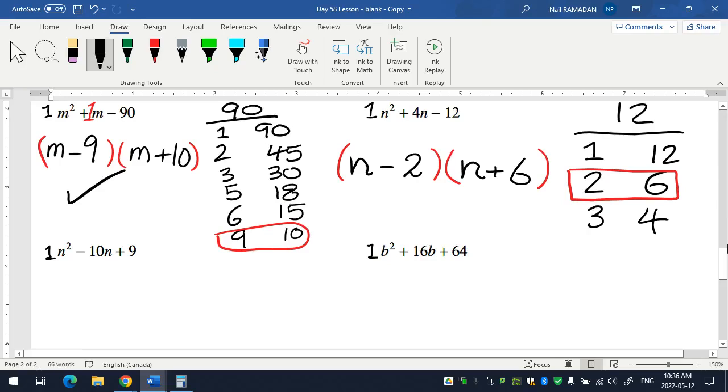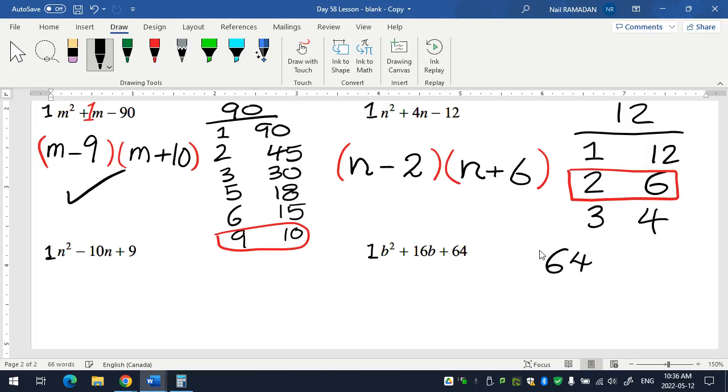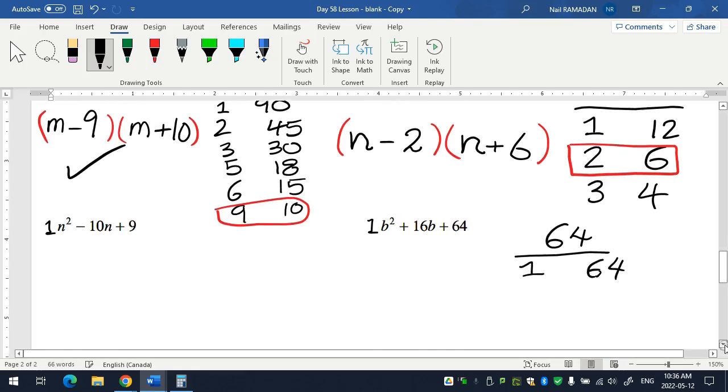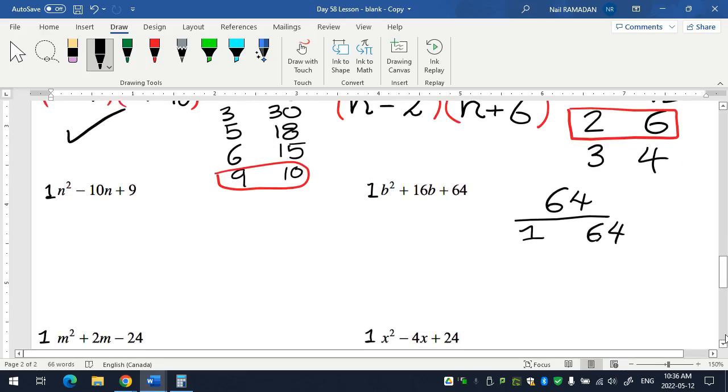I know it's an easy case with pluses, but you'll see why I want to do it. Can someone tell me what number do I look at first? 64. Okay, I'll spare you the first pair, 1 times 64. Do you think 2 works? Yeah, 64 is an even number. All even numbers are divisible by 2.